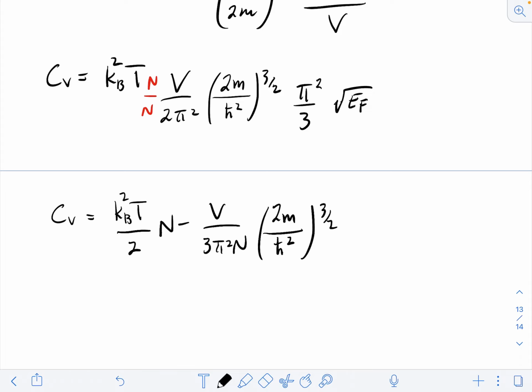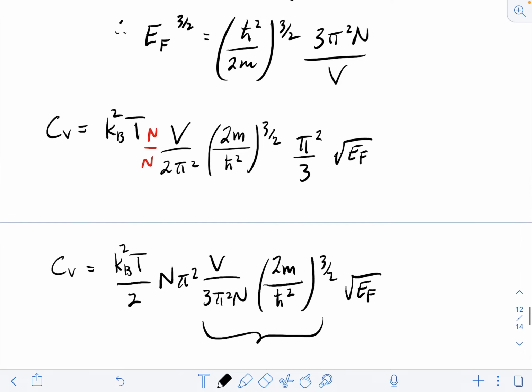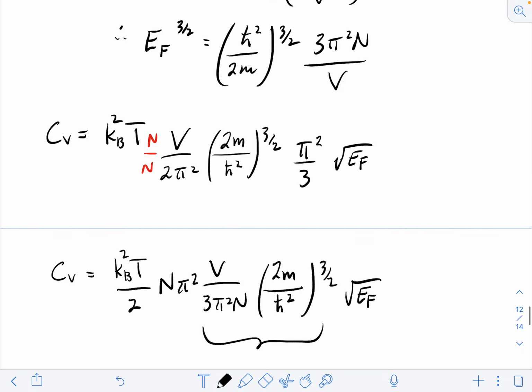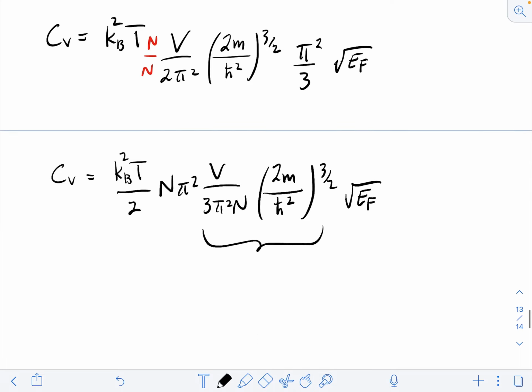We still have a pi squared hanging out, so we'll put in a pi squared here, and then we have root of the Fermi energy. And all of this stuff is the inverse of the Fermi energy to the 3/2 power. So this is 1 over the Fermi energy to the 3/2 power.